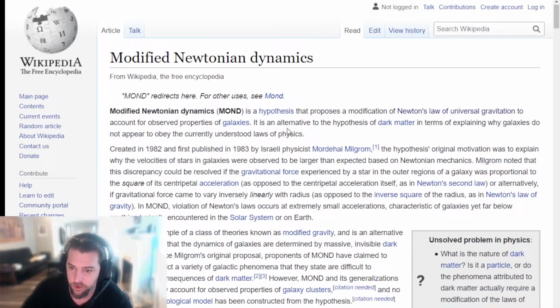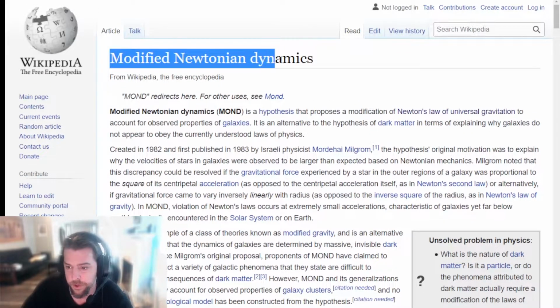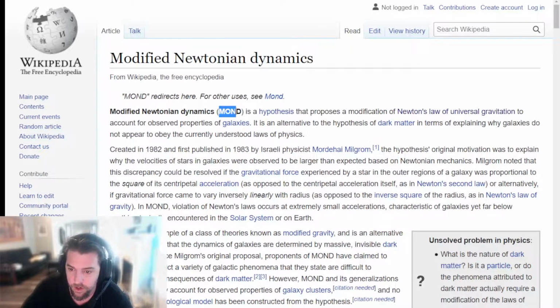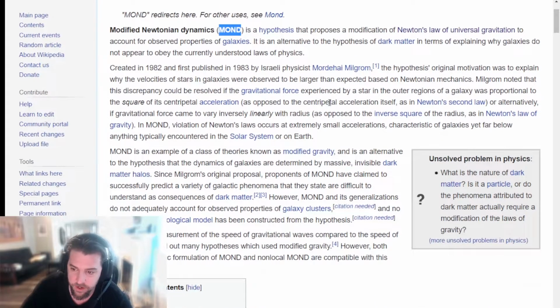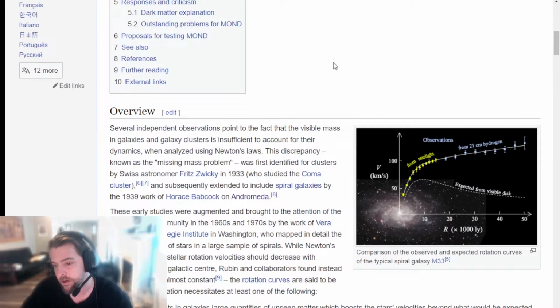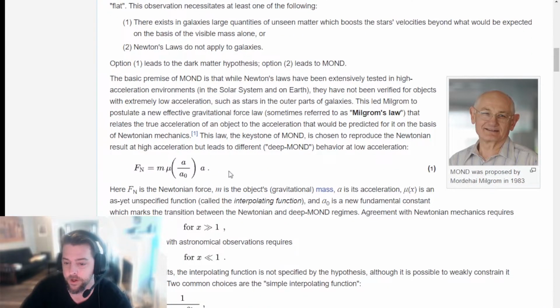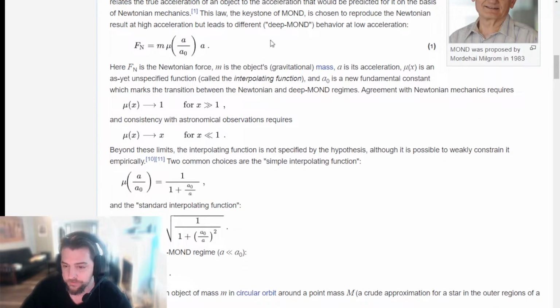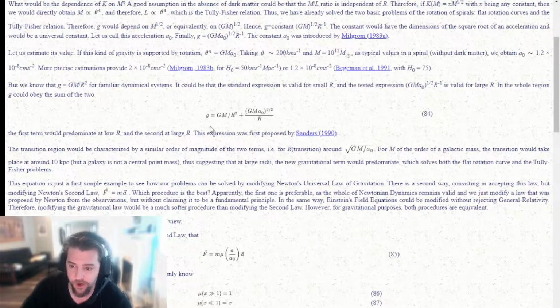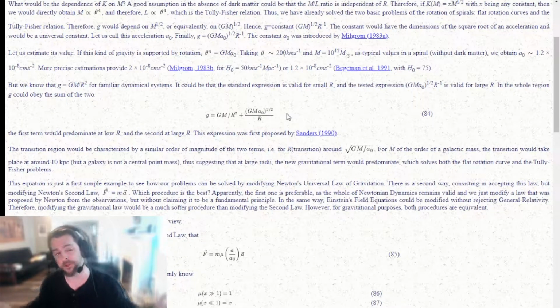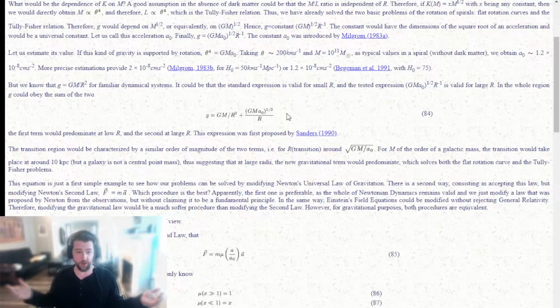So then people created modified Newtonian dynamics, MOND, which is basically just tweaking Newton's formula. I think here's the latest one right here, to get the proper answers to fit the observations, and this does work.